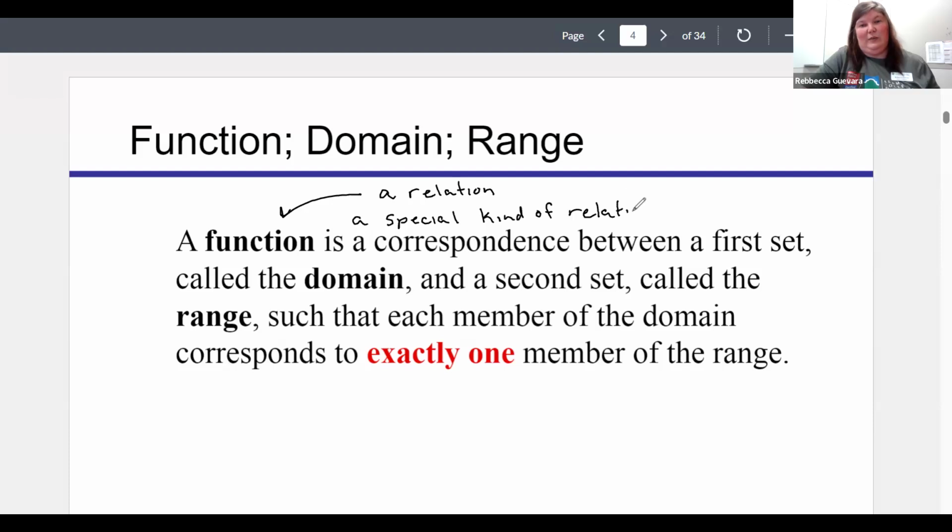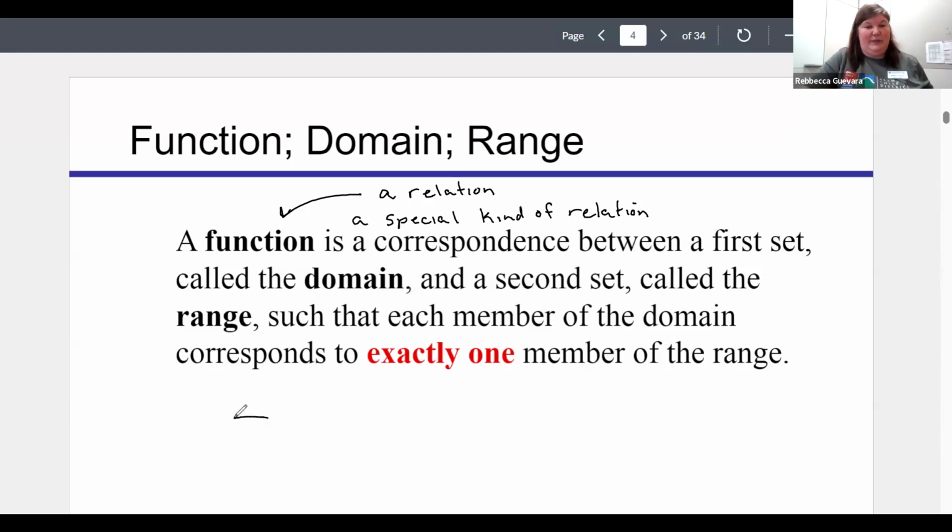It may be a little hard to recognize the difference between just a relation and a function because usually you are given relations that are functions, but sometimes they're not. So a function is a correspondence between the first set called the domain and the second set called the range, such that each member of the domain corresponds to exactly one member of the range.